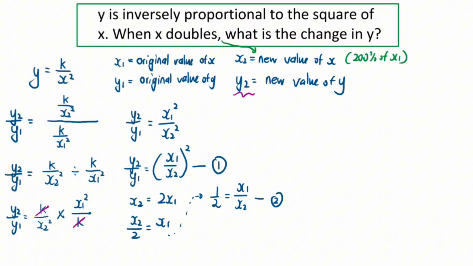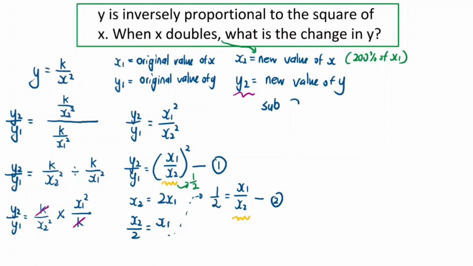The reason why I'm doing this is because I want to get the value of the expression x1 over x2. As you can see in equation 1, there's also the same expression x1 over x2. So by doing this, I can subsequently replace this x1 over x2 in equation 1 with the value of half. So let's do that right now.